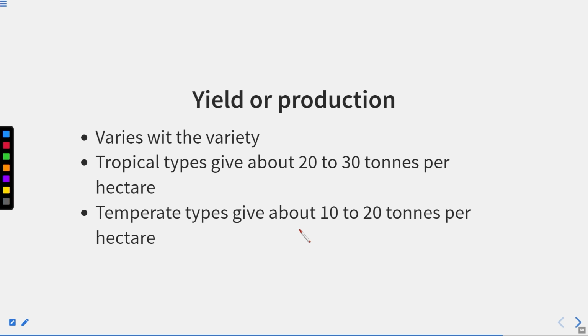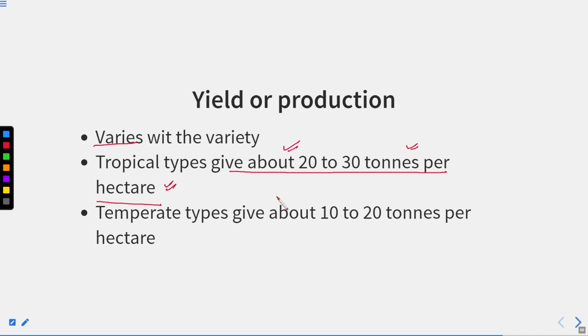Yield or production varies with the variety, right? Tropical types give about 20 to 30 tons per hectare, right? So if it is a tropical type, it will give around 20 to 30 tons per hectare.